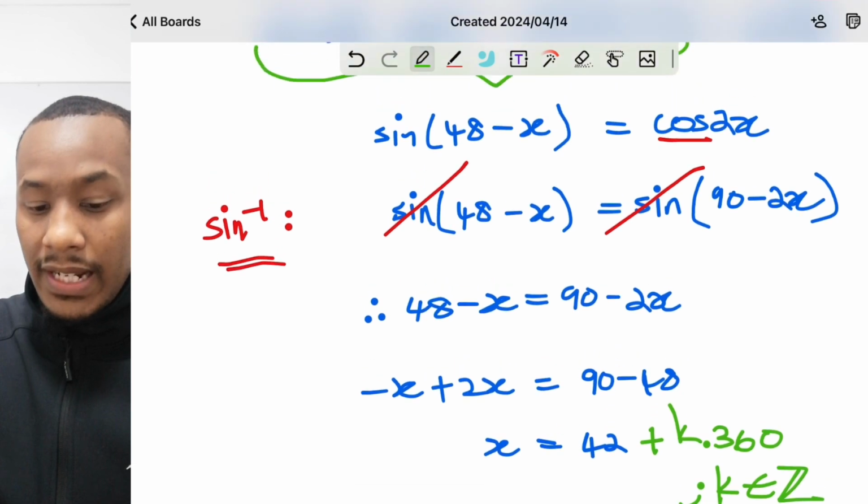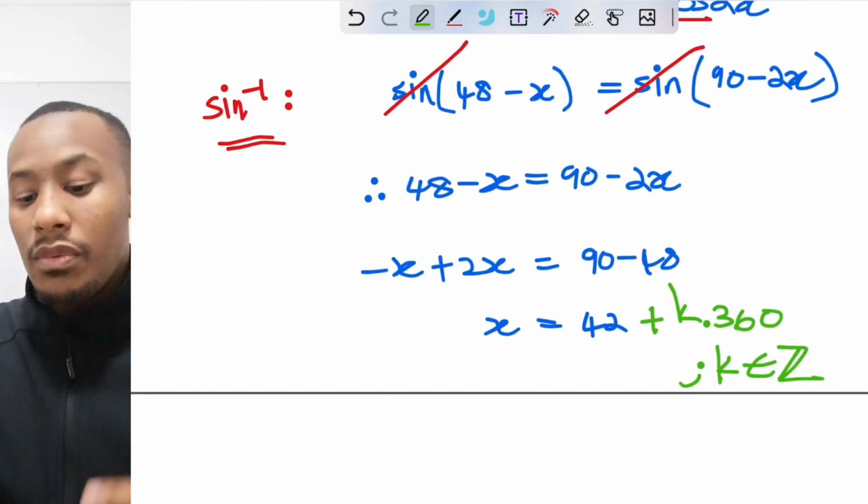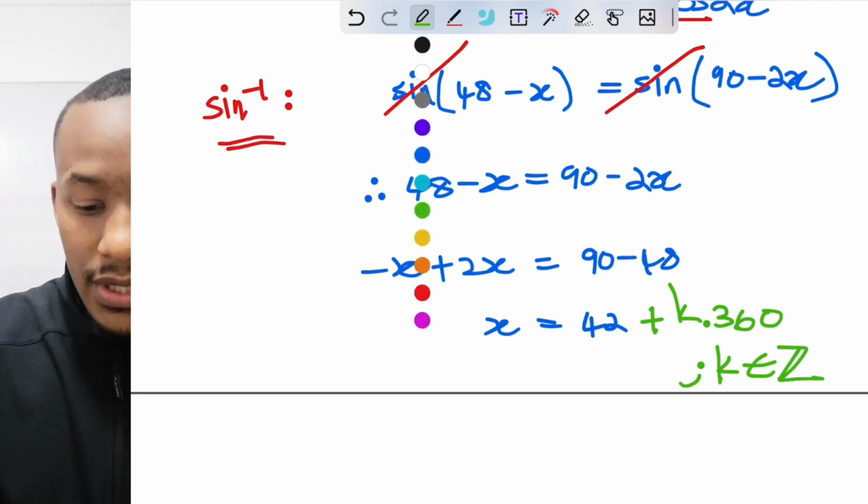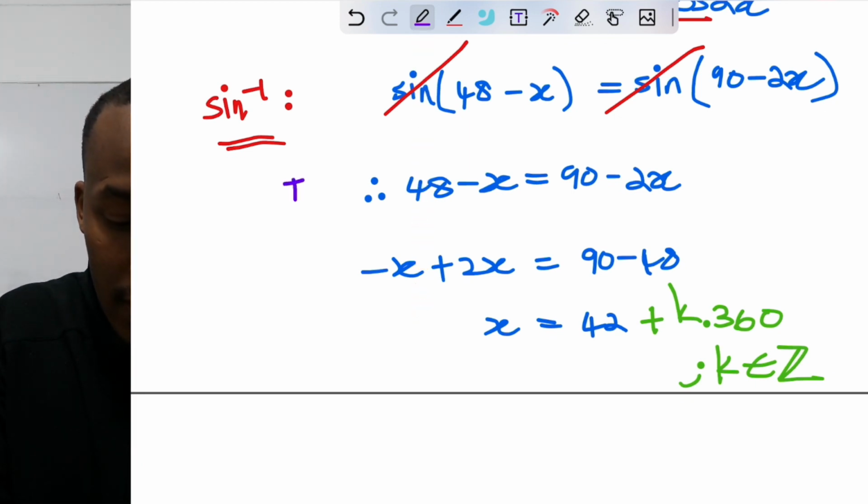And actually what I've done here is I've only worked out the solution for the first quadrant. There is actually another solution. Let me find that other solution for you.